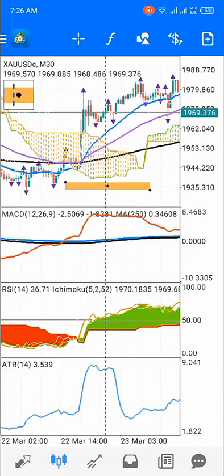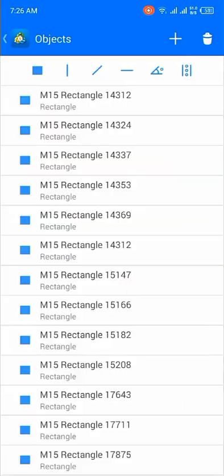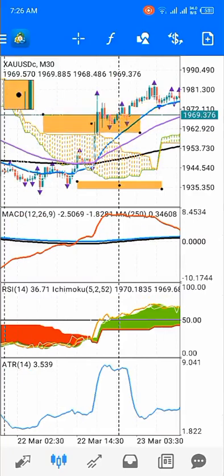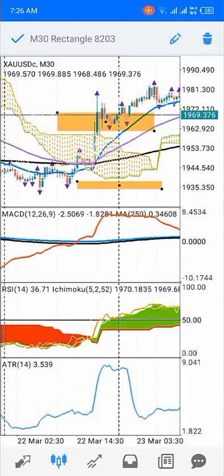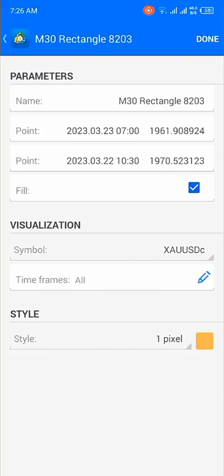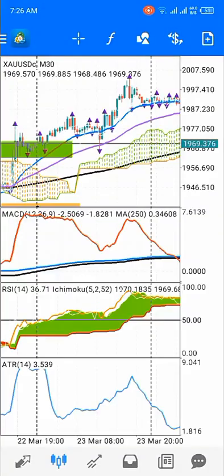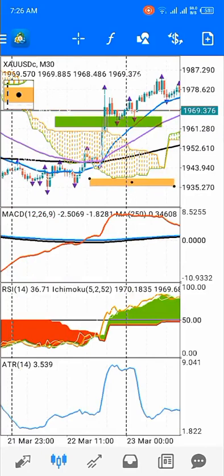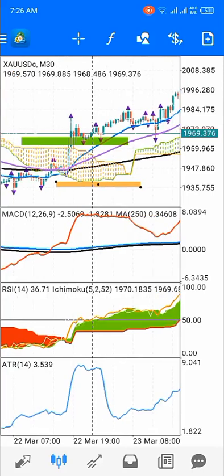Another example of where to place your stop loss is that point. And if your stop loss is at that point, the trade entry will be at that particular point where we have the green shape.